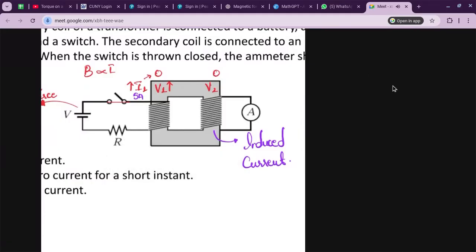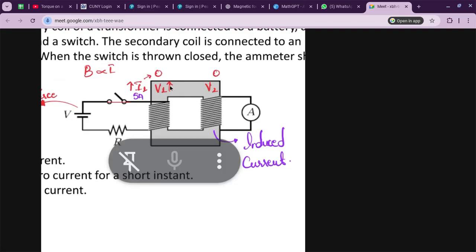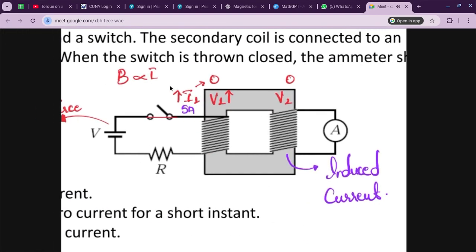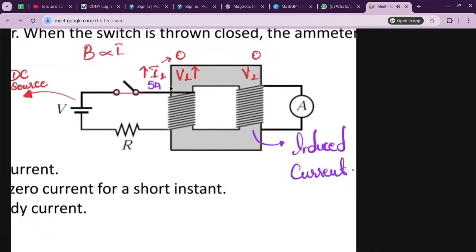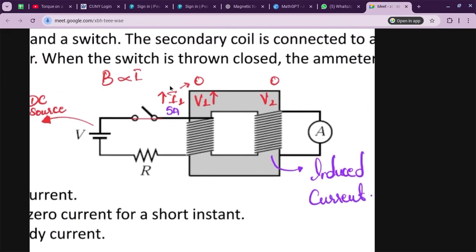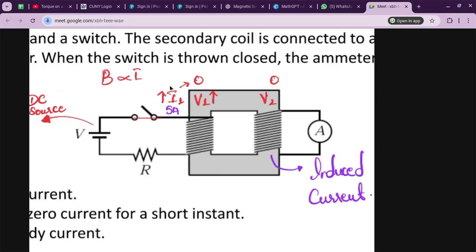So after reaching 5 ampere, is there any change observed in the current? No. Why? Because this is a DC source. DC source provides constant current.